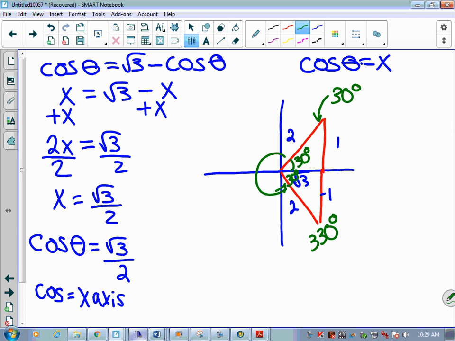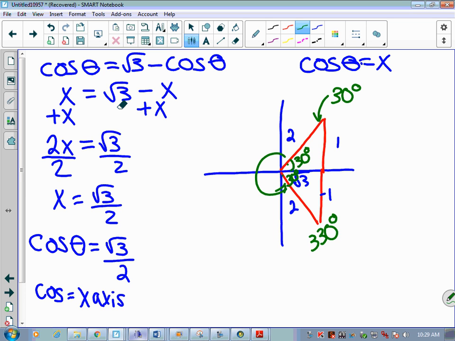And because my hypotenuse is always positive, I could be above the x-axis or below the x-axis, right of the y-axis. Okay? So that means that this can be 30 degrees or I can be at 330 degrees and still get the same ratio. Do you understand me now?